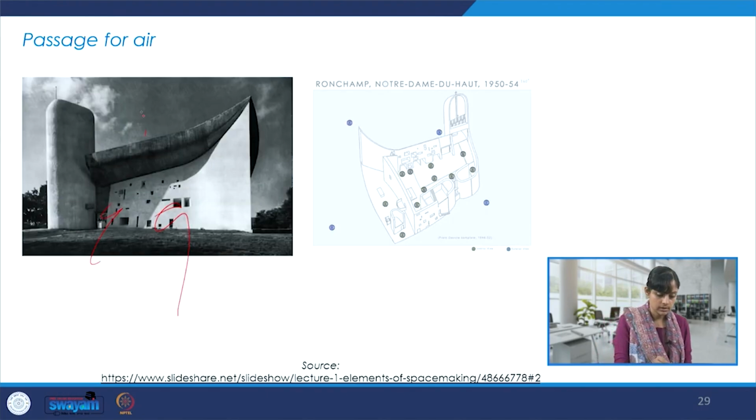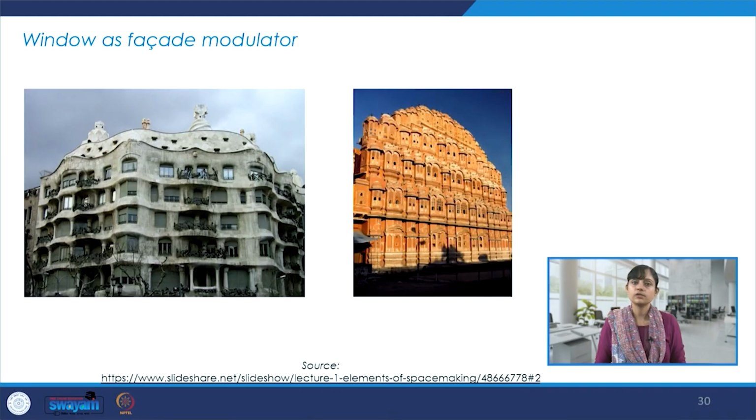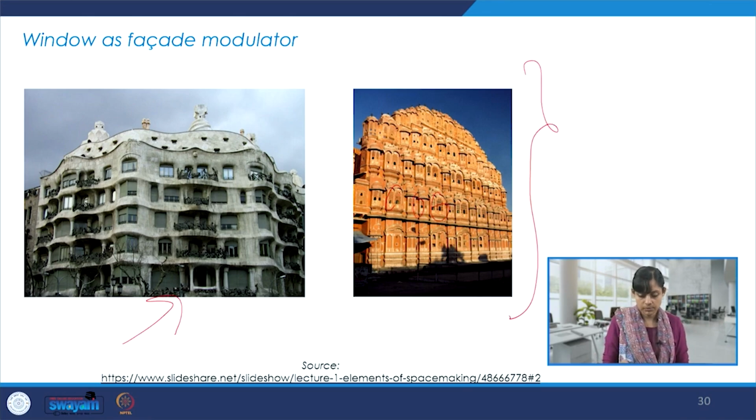So here again, this is the very famous Longchamp project, and here we see it act as the passage for air. Again, as a facade modulator, like we talked about the door, and here if we see Gaudi's architecture, and here Hawa Mahal, and how these window openings become facade modulators, and they modulate the entire facade or the surface on which they are placed.